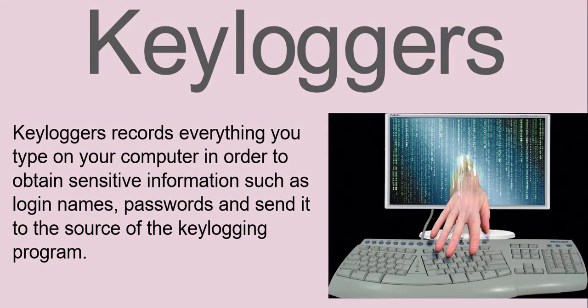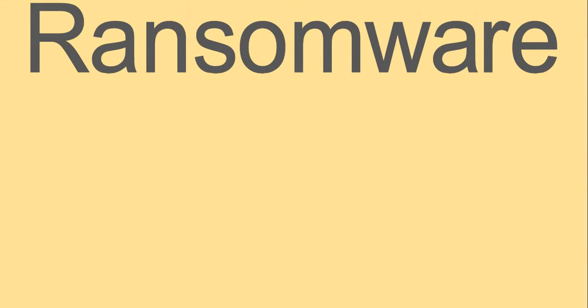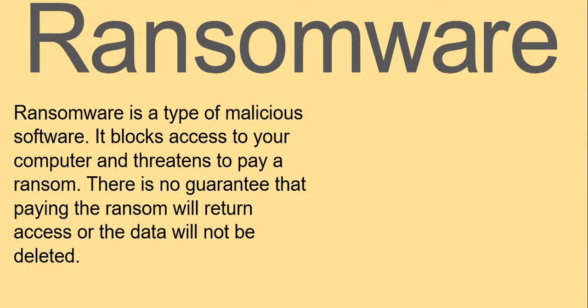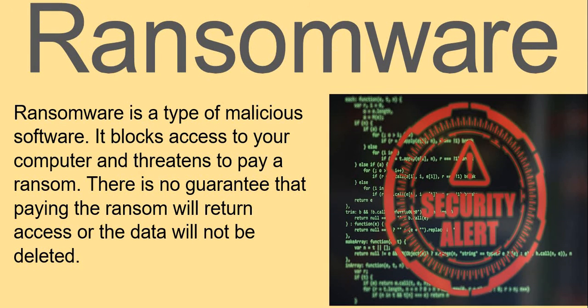Then keyloggers. Keyloggers record everything you type on your computer in order to obtain sensitive information such as login name and password, and send it to people who want to misuse it and get access to your computer system, right? Therefore, we also have ransomware. Ransomware is like you cannot access your own things.